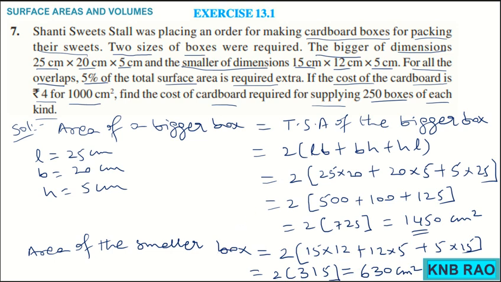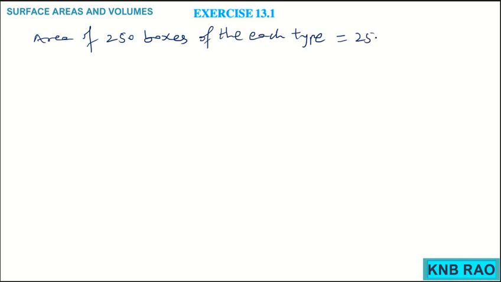Now the area of 250 boxes of each type. So I have to multiply by 250 the first one, that is 1450, plus the second one also, that is 630, put together with 250.